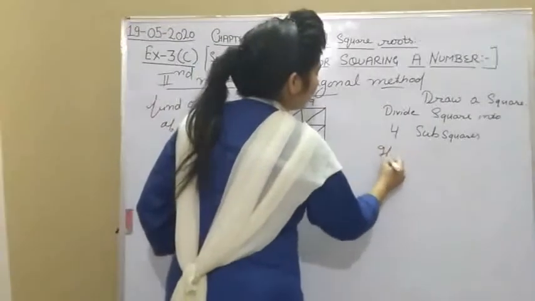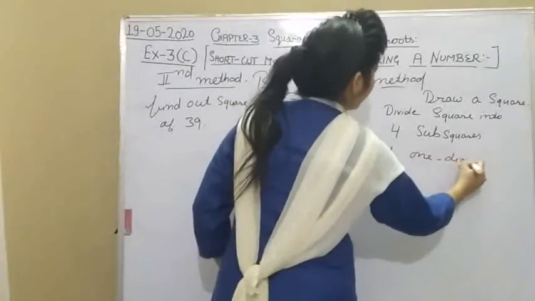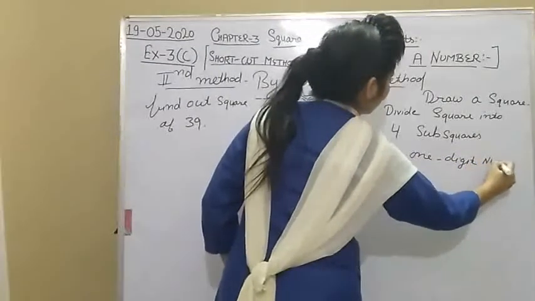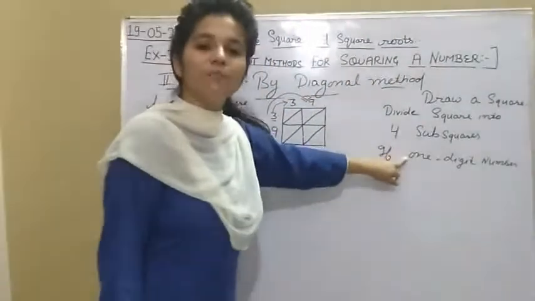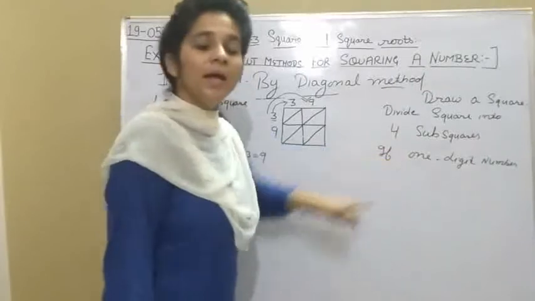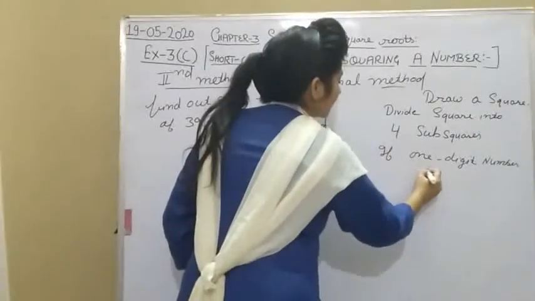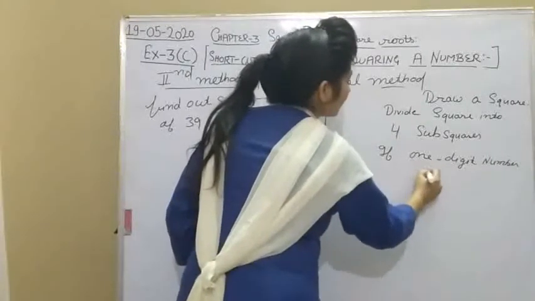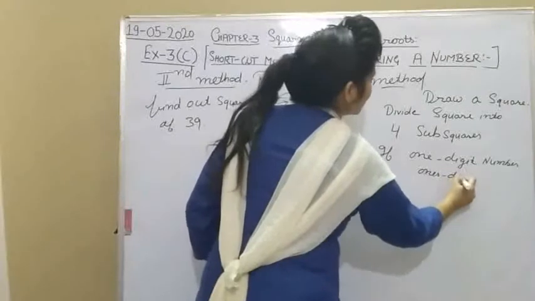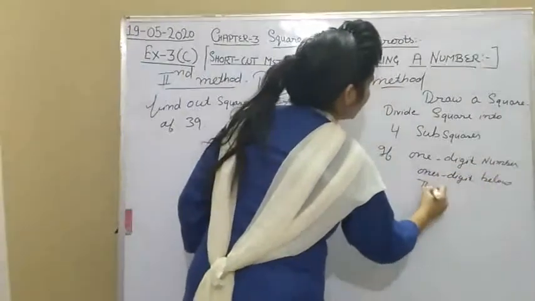If we get a one-digit number, then we will write the number below the diagonal.